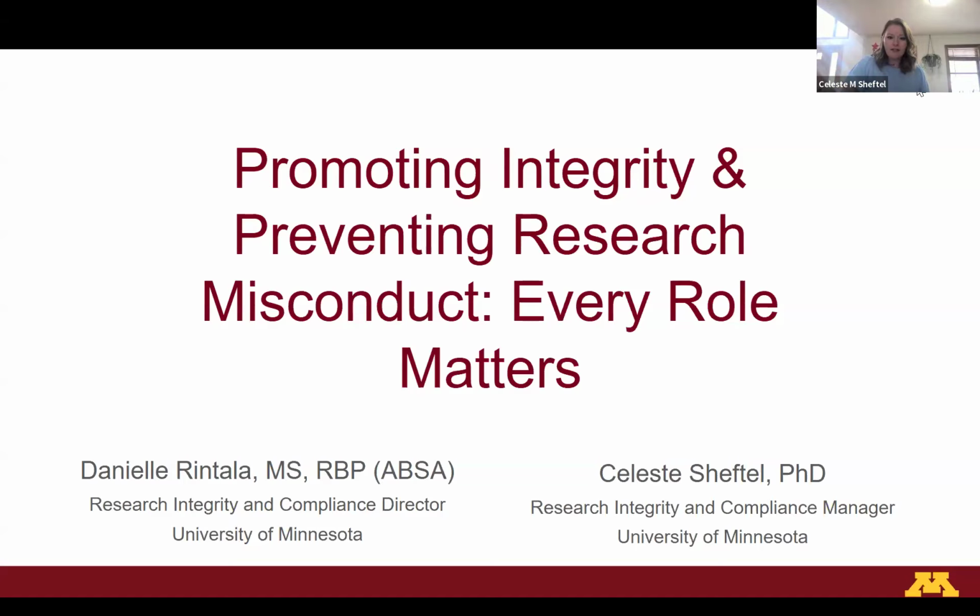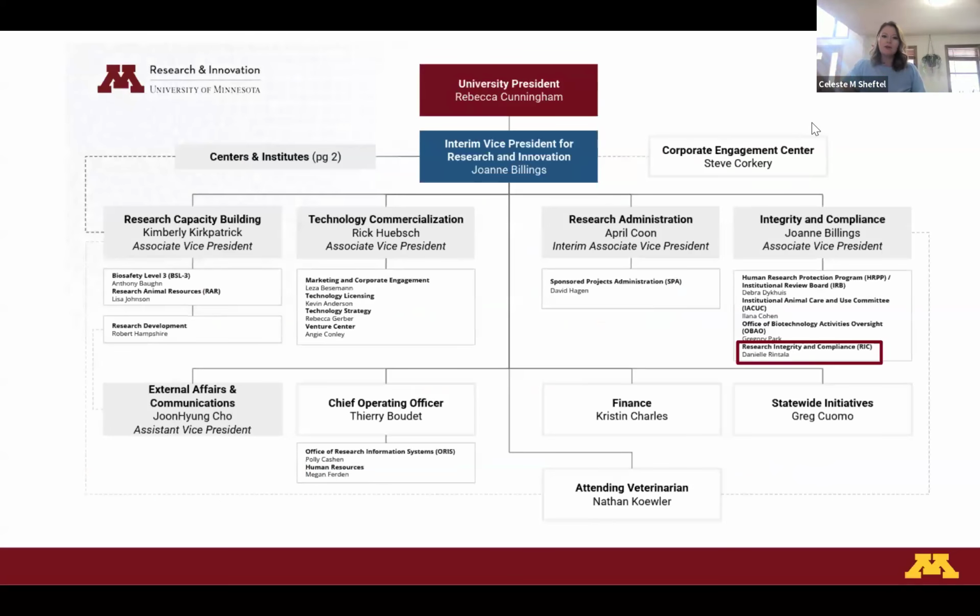Our office is within the Research and Innovation Office, which is led by Dr. Joanne Billings, who is the interim vice president for research. She oversees a variety of different groups on campus, such as centers and institutes, the Research Capacity Building, and RAR, TechCom, External Affairs and Communications, operating units such as ORIS and Human Resources, Research Administration with SPA, Corporate Engagement Center, and then our Research and Compliance Group.